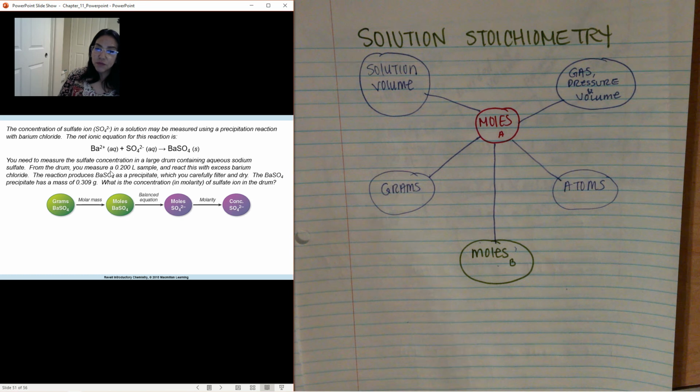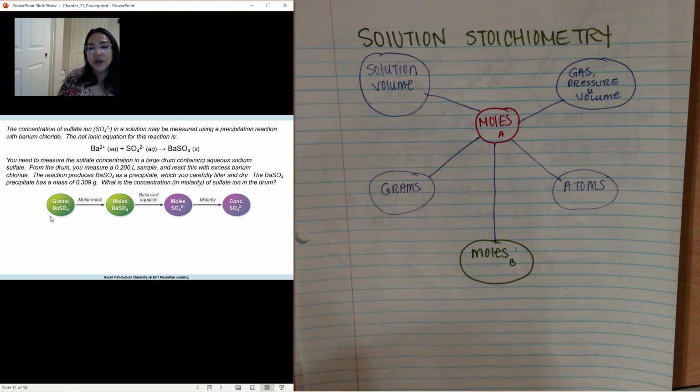From the drum, you measure a 0.2 liter sample and react this with excess barium chloride. So that means don't worry about the barium chloride, right? Which one is limiting? The reaction produces barium sulfate as a precipitate, which you carefully filter and dry. The barium sulfate precipitate has a mass of 0.309 grams. What is the concentration in molarity of sulfate ion in the drum?